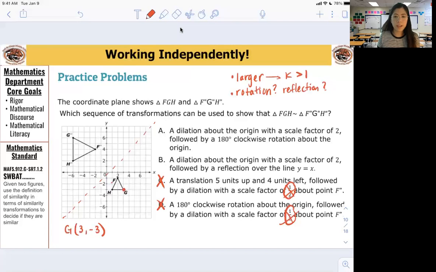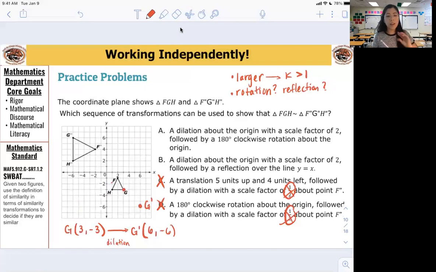So if it's dilated about the origin with a scale factor of 2, what will be the new coordinate point for G prime after the dilation? Scale factor of 2. Right, 6, -6. So I'm going to go there, and I'm going to mark it down. Here's G prime.